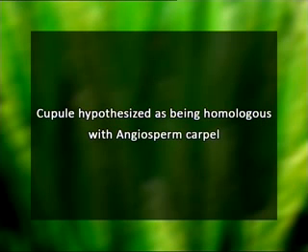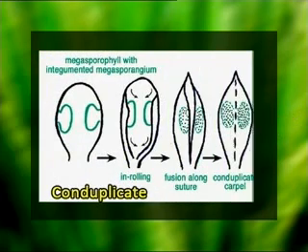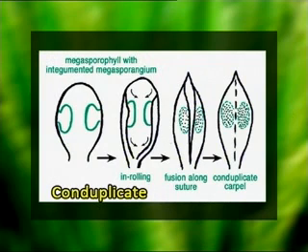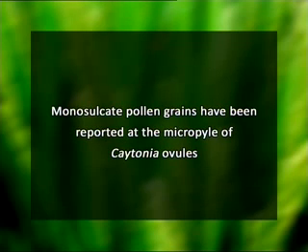The cupule has been hypothesized as being homologous with the angiosperm carpel. However, it differs in having a conduplicate megasporophyll which bears ovules along its 2 margins. Additionally, monosulcate pollen grains have been reported at the micropyle of Caytonia ovules.